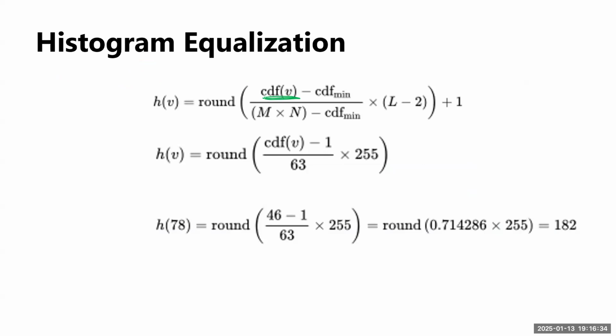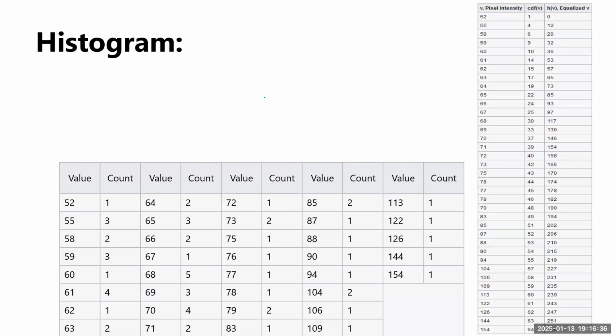Cumulative distribution means for every level here, after I sort them, I will write the level with the frequency of occurrence of it plus all the previous. So this one occurred once. Anything before it? No. So it will become 1. 55. The frequency is 3.